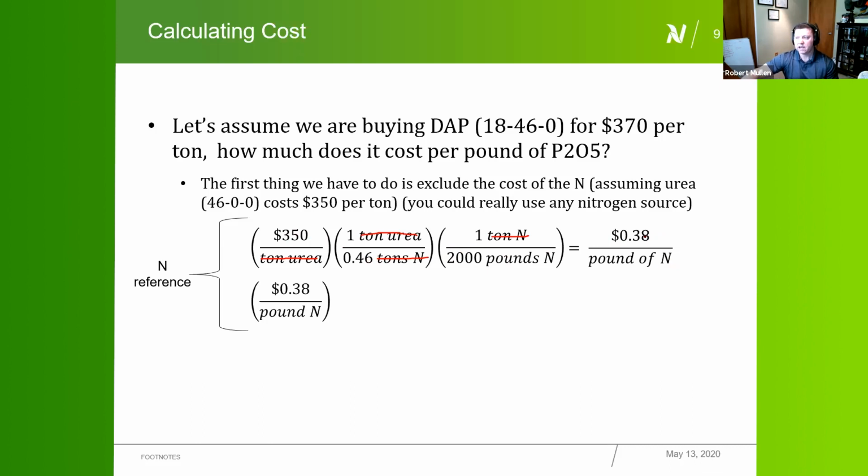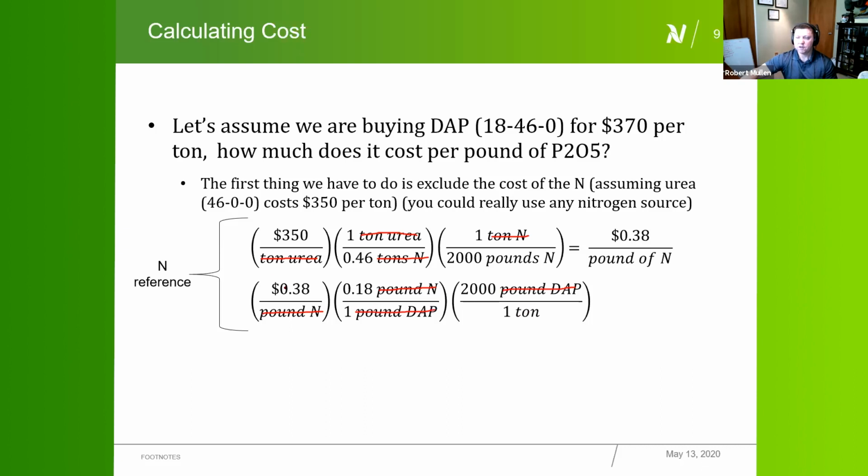All right, so now we have to do a little bit more math on this. So I know that I have 38 cents is the cost per pound of nitrogen. I know that for every pound of DAP that I supply, I'm going to be supplying 0.18 pounds of nitrogen. So this goes away. And I know that for every 2,000 pounds of DAP, I get a ton of product. So this goes away.